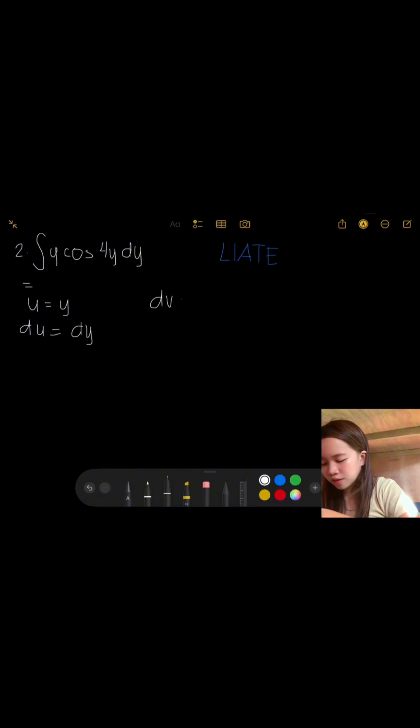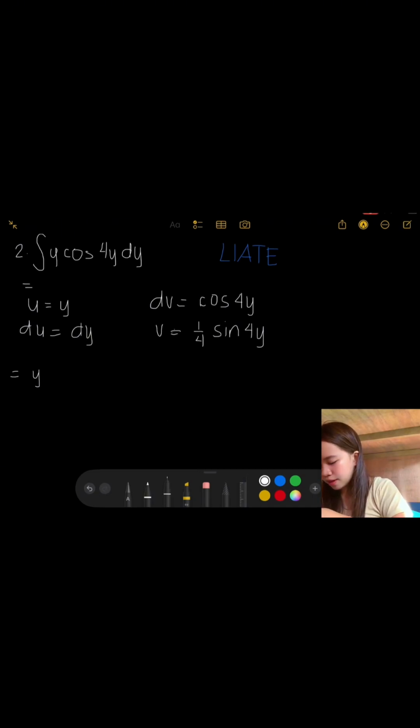Our dv is equal to cos 4y. Our v is equal to 1/4 sine 4y. So let's substitute. So y times 1/4 sine 4y minus integral of 1/4 sine 4y.